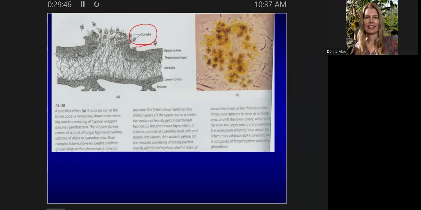Usually the algae or the cyanobacteria is wrapped with fungal hyphae, and it's usually at the surface of the lichen. You can imagine a water drop or a deer walking across that would break the soredia free. And then they can tumble into a new habitat and hopefully set up camp together. And so they go together as a unit to colonize new areas.